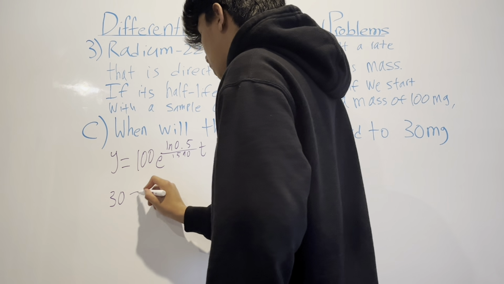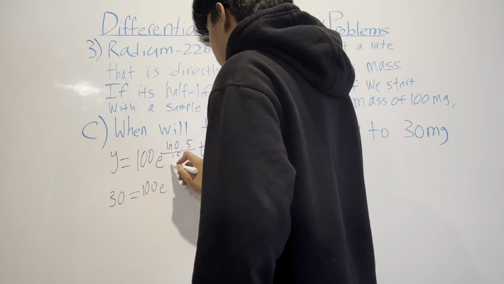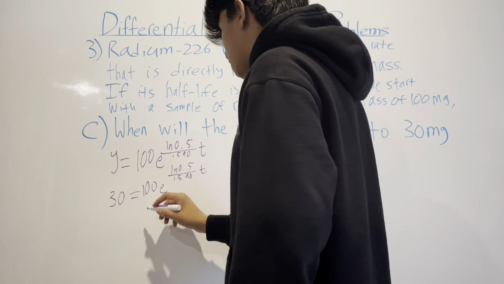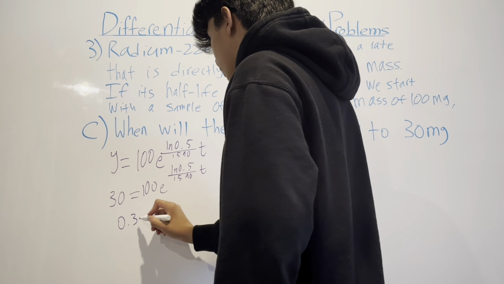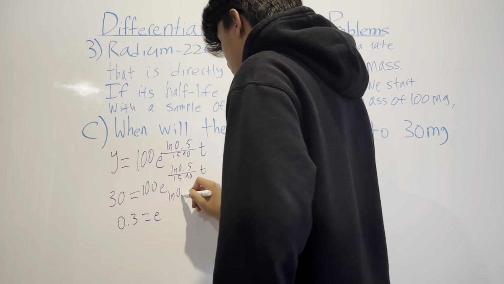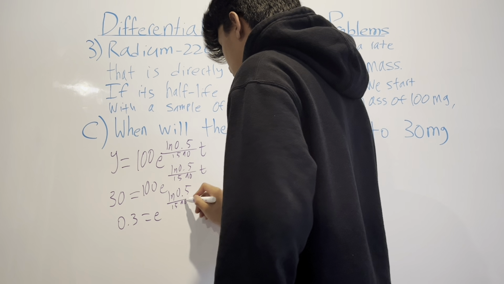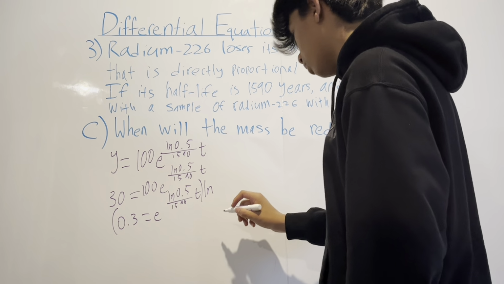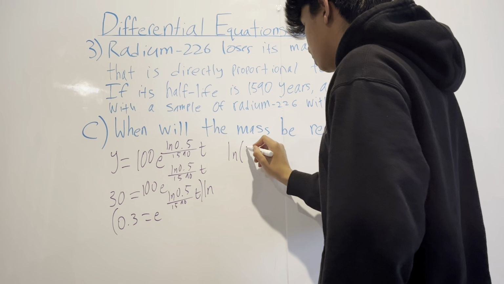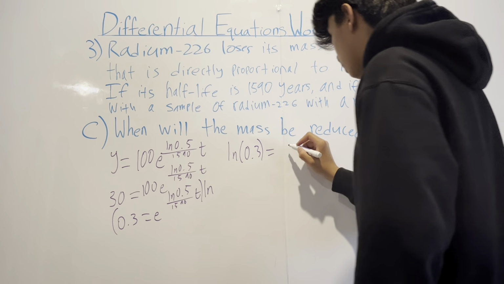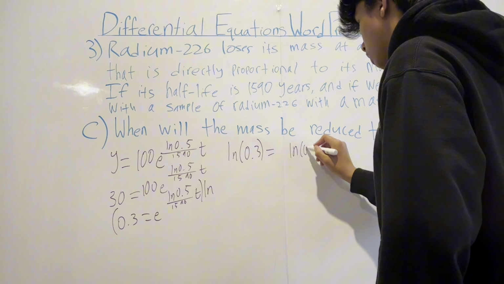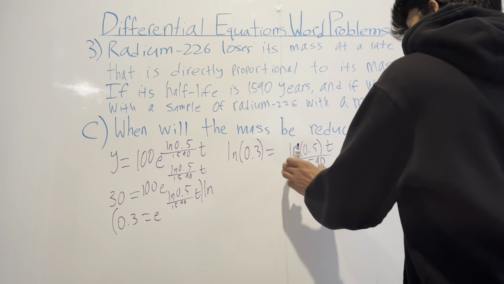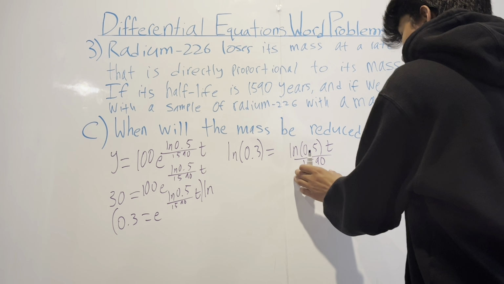So 30 equals 100 e to the ln 0.5 over 1590 t, and divide both sides by 100 to get 0.3 equals this. And then now we have to ln both sides, so ln 0.3 equals ln 0.5 t over 1590. And then you divide the whole thing by ln 0.5 over 1590.